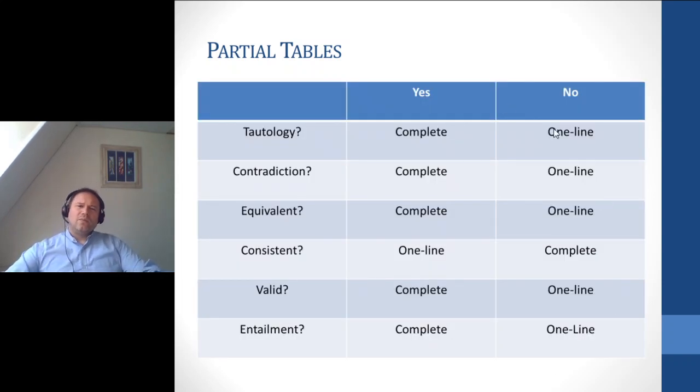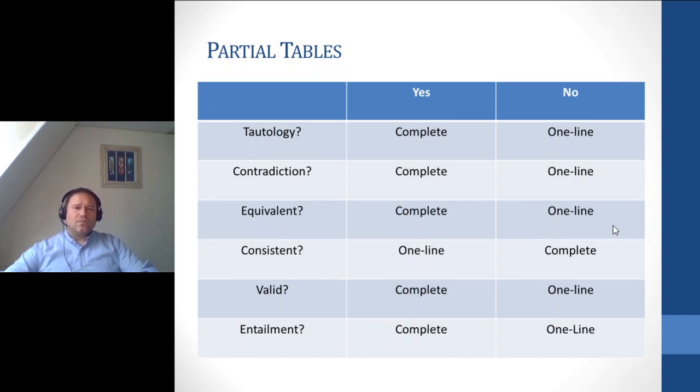Just to spell this out, when we're trying to assess whether a sentence is a tautology, if we want to show it is, we've got to have a complete table. If we want to show it's not, we just need one line, one row. Same thing for a contradiction. Same thing showing some sentences are equivalent. To show that they are, we've got to go through every valuation.